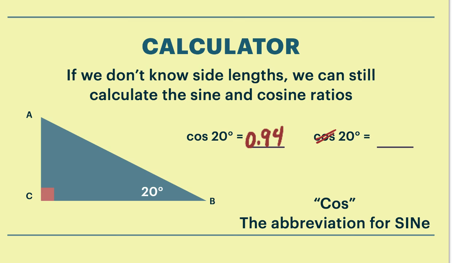We should be doing the sine of 20. But again, we just pull out our calculator and we find the sine of 20. And sine of 20 comes out to be 0.34. Okay, so just use your calculator.